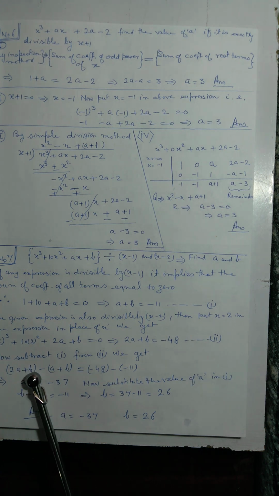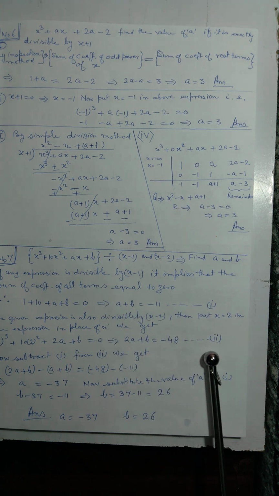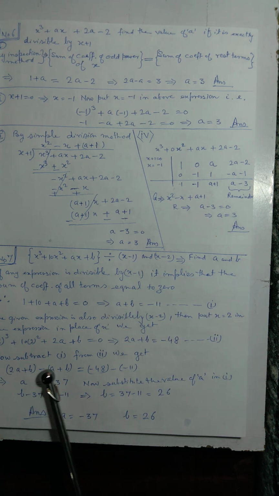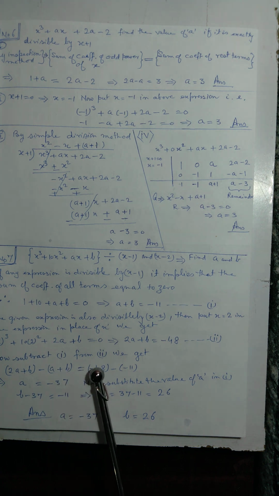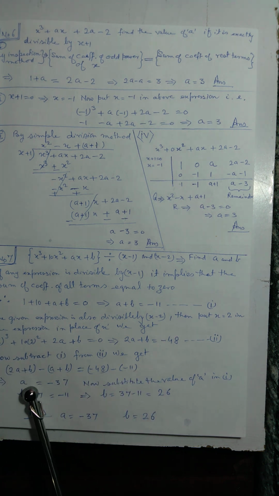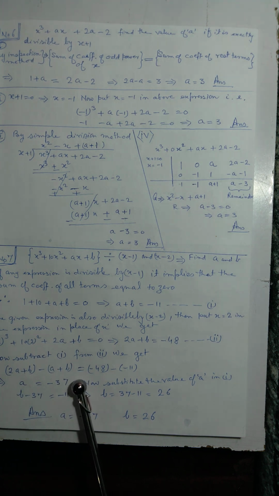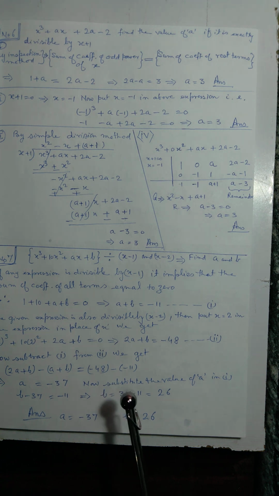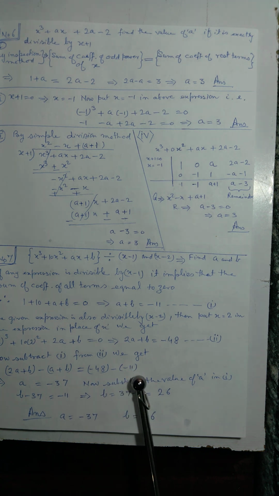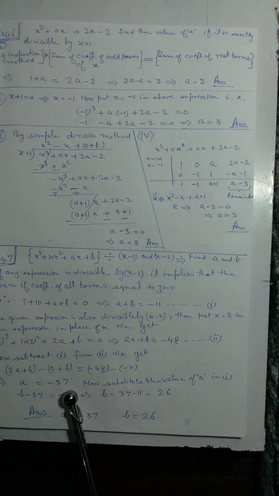Now subtract the first from the second. We get (2a plus b) minus (a plus b) equal to minus 48 minus (minus 11). So it will become plus 11. So a will be equal to minus 37.